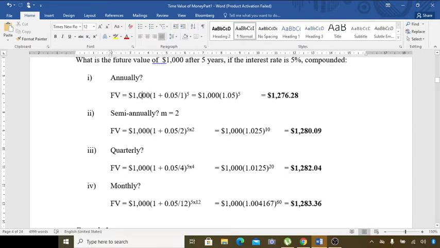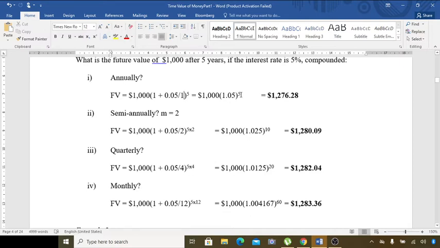P is 1,000. Your J is 5%. Your M is 1. Your N is T times M. So since T is 5 years and M is 1, your N becomes 5. So basically, it is 1,000 multiplied by 1.05 to the power of 5. Now using your scientific calculator, you need to know how to operate it. You can check the manual, but it is not that difficult.